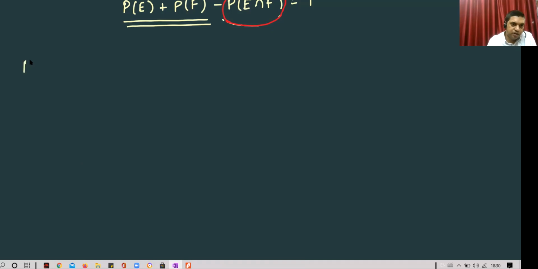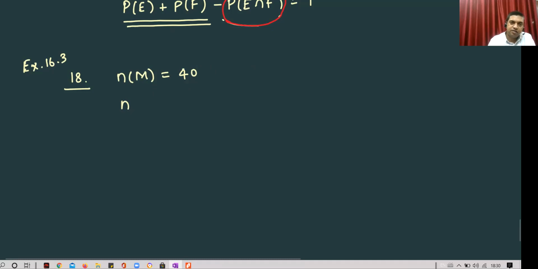In a total school, 40% students study maths. So n of m is, let's say, total 100 students, so 40% of the students means 40.